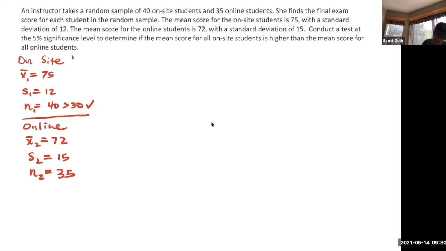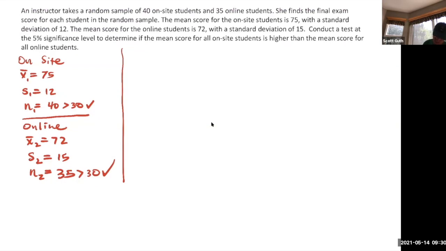Okay, this is also bigger than 30. So a little check mark. I think that's all you need really to do to show me that you've checked. You do need to kind of make it clear to me that you've checked somehow. If you just say greater than 30 with a check mark, then we're both happy.